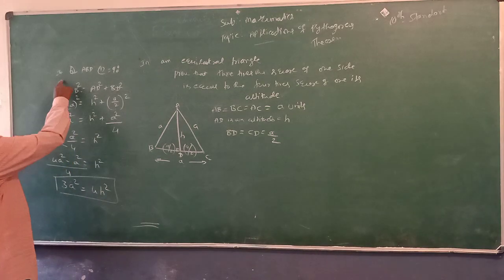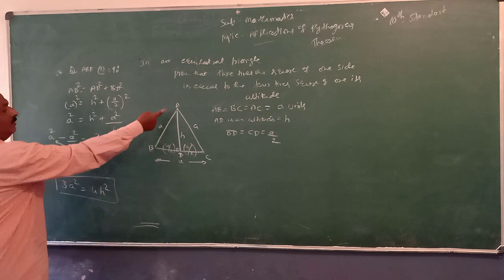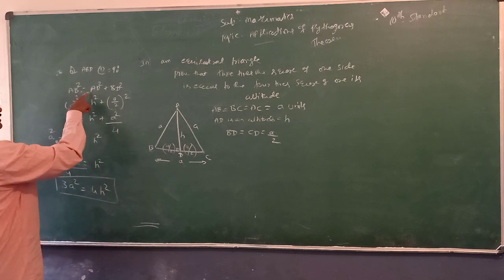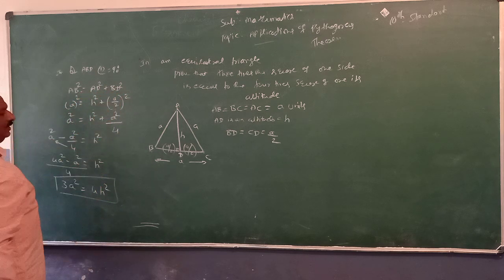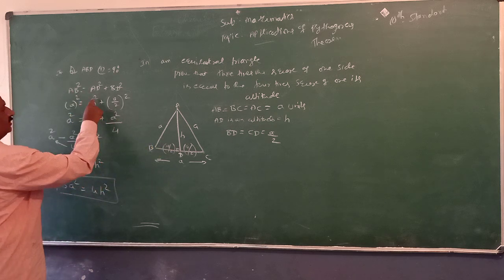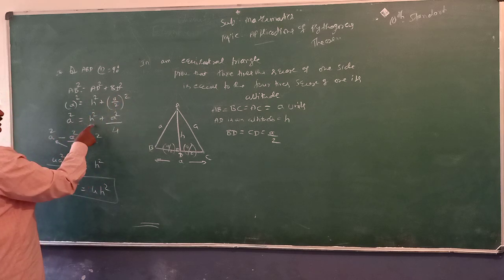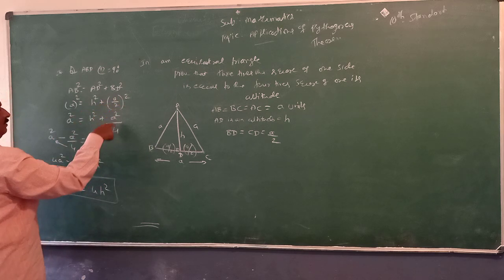In the right angle triangle ABD, angle D is equal to 90 degrees. Applying the Pythagoras theorem, AB squared is equal to AD square plus BD square. AB is A, AD is H square, BD is A by 2 square. A square is equal to H square plus A square by 4.